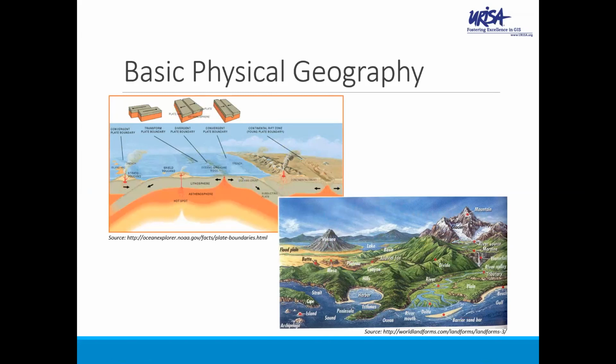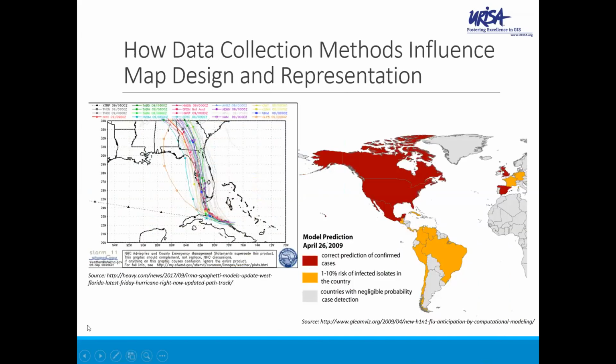Is it temporal? Is it a spatial resolution, so time and space? Is it a relative scale, or is it a historic scale? Basic physical geography would be the second of the 6 key elements to help you with the cartography and visualization portion of the exam.